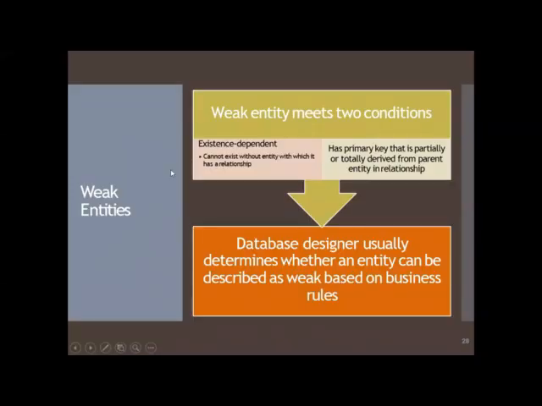Weak entities. Weak entities meet two conditions. They are existence-dependent: they cannot exist without the entity with which they have a relationship, and they have a primary key that is partially or totally derived from the parent entity in the relationship.